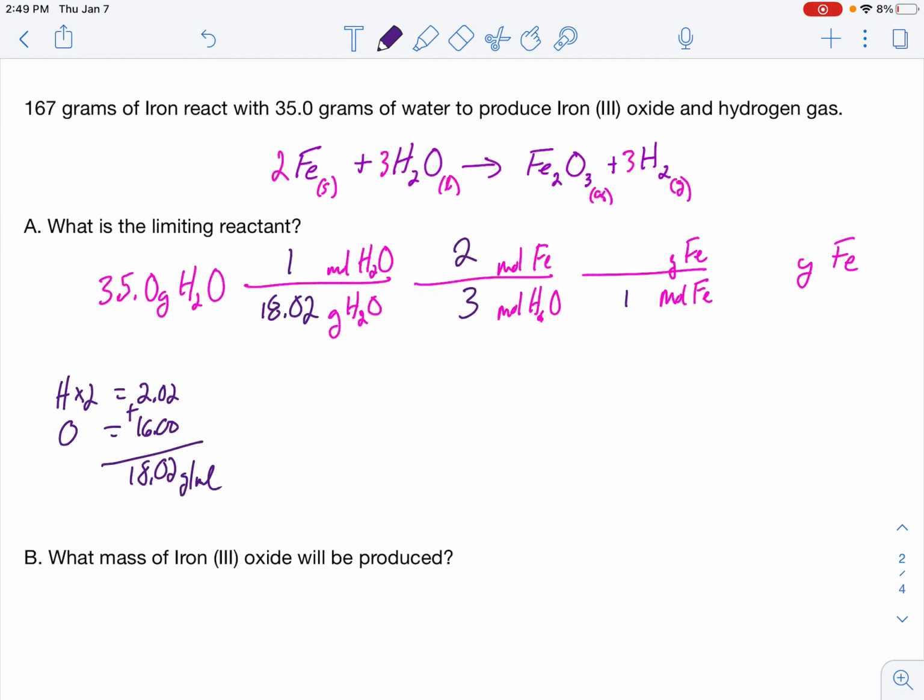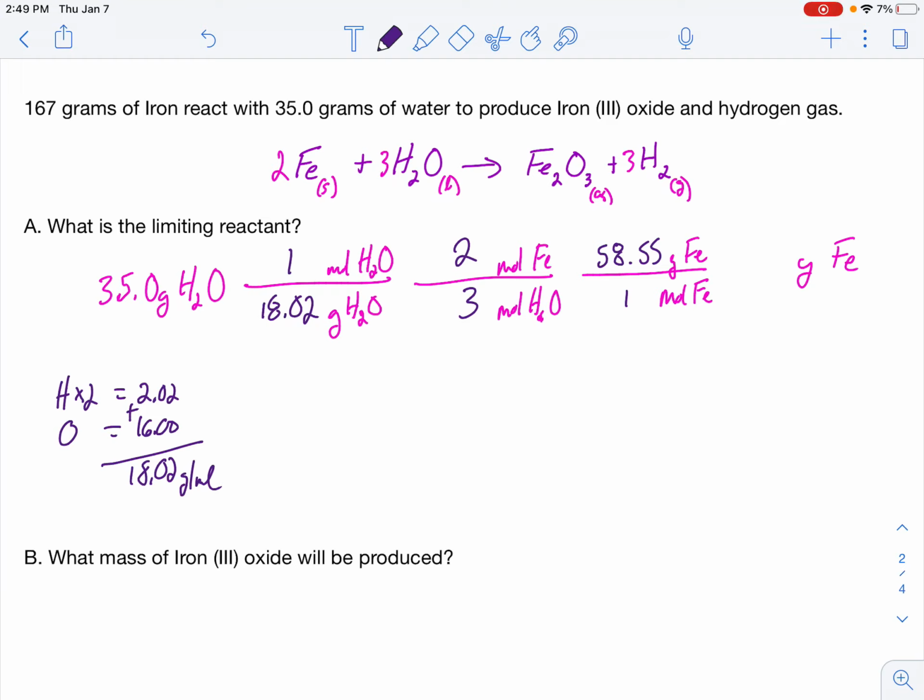On the periodic table, 1 mole of iron happens to be 58.55 grams. When I put this on my calculator, and you should try this to make sure you're able to complete it, it's 35 divided by 18.02, times 2 divided by 3, times 58.55.